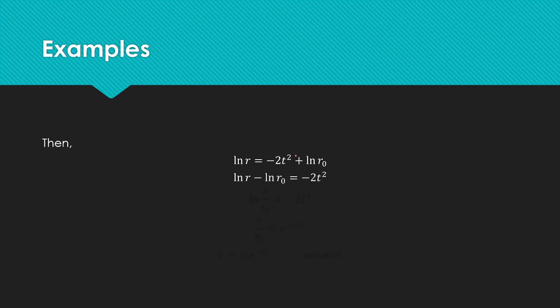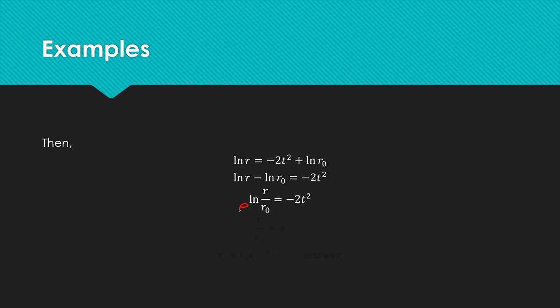Pagsamahin natin yung ln sa isang side. So, nag-subtract sila. So, pwede natin yung gawin na ln of r over r sub o is equal to negative 2t squared. Now, ang dependent variable natin is r, di ba? So, maganda na matanggal din natin yung ln.